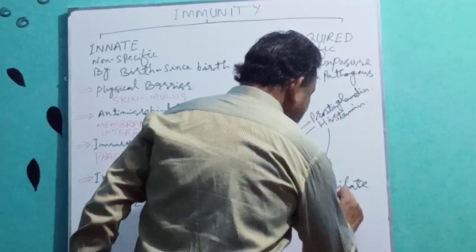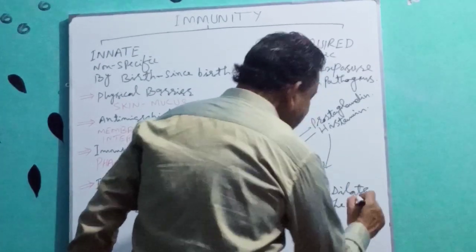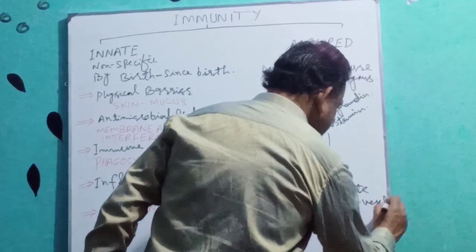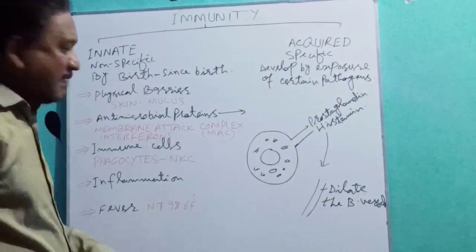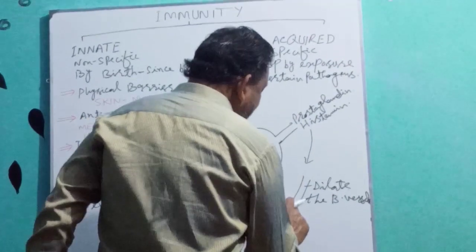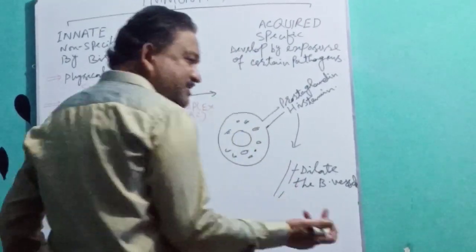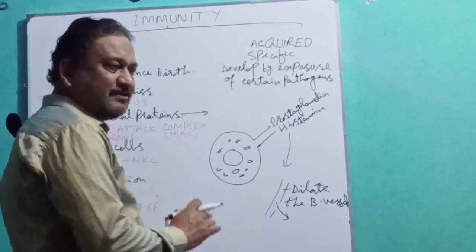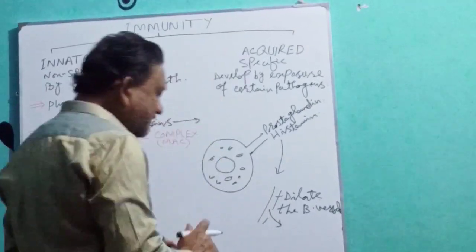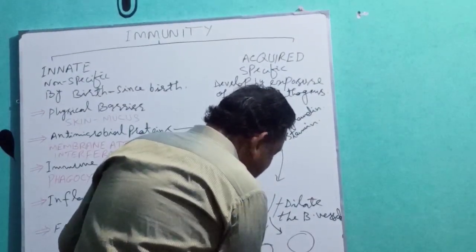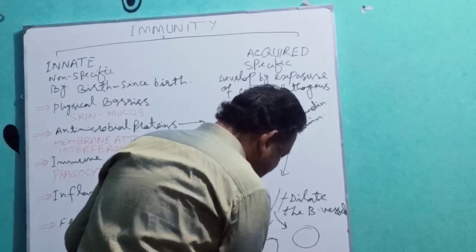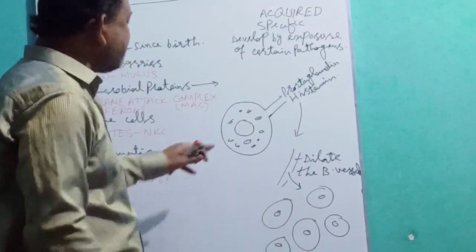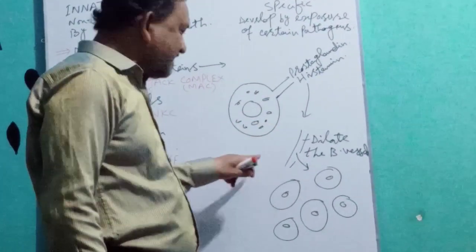Histamine dilates the capillaries or blood vessels, and due to this dilation, the macrophages and neutrophils come out from the blood vessel into the interstitial spaces, and the microorganisms are released from the infected cells.